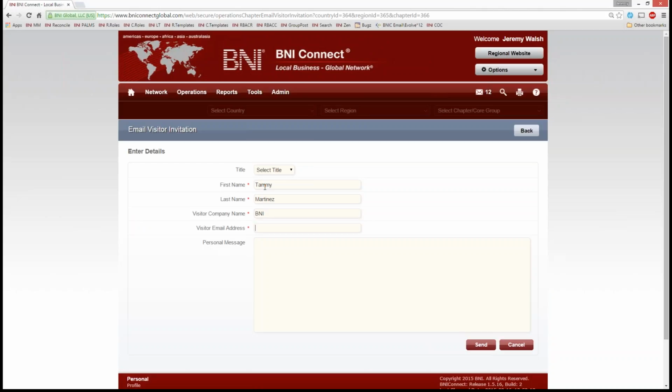Now, I'm going to use my own email address, so this sends a message to me and you guys can see what it looks like. So I'm going to send this to my email address here and then put in a personal message. The personal message is going to be the first paragraph of this automated email, of this template email that gets sent.